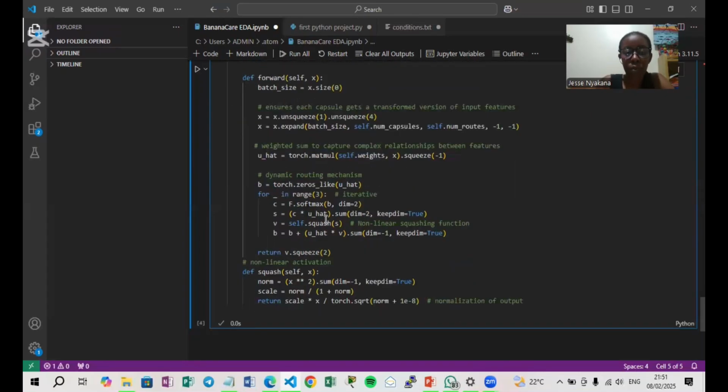to give a prediction. Then here we have the dynamic routing mechanism, which we talked about in the previous section when we were summarizing how these capsule networks work.